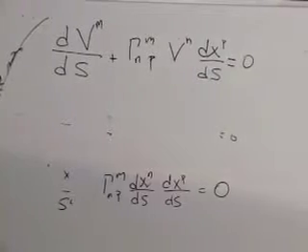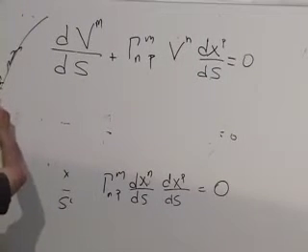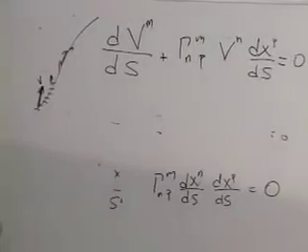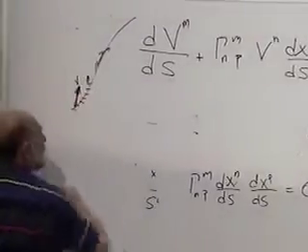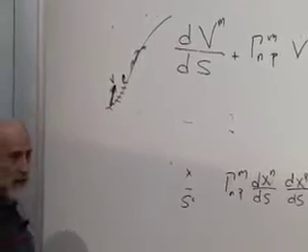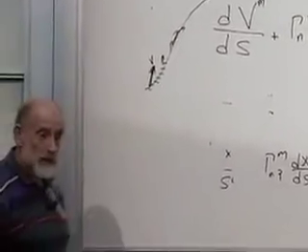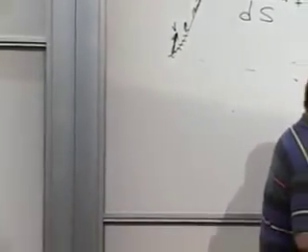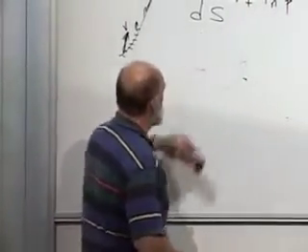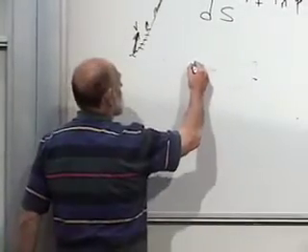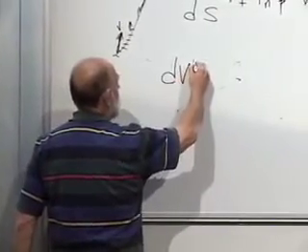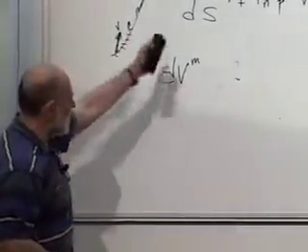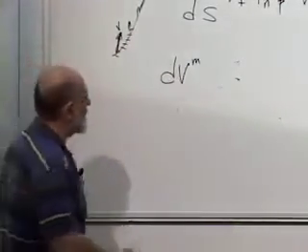Okay? Can we always do that? Can we always take a vector at this end and parallel transport it? In other words, can we take a vector at this end and now move it along here in such a way that it remains in this sense parallel to itself? Yeah, we can. Let's just rewrite this slightly differently. The small change in V^m as we move from one point to another, let's get rid of the ds, just multiply through on both sides.